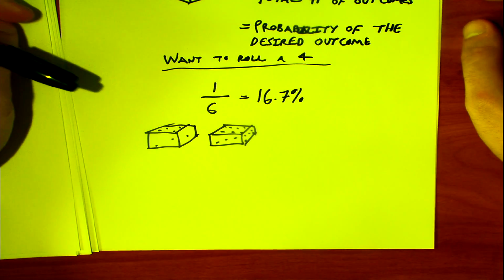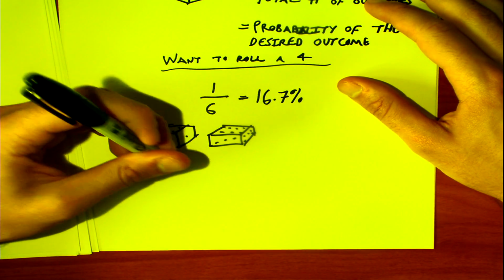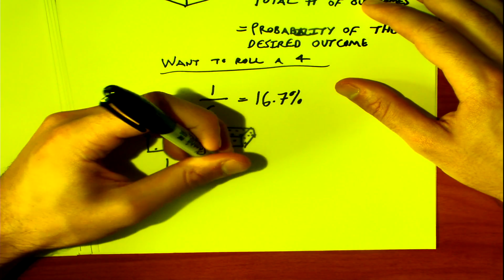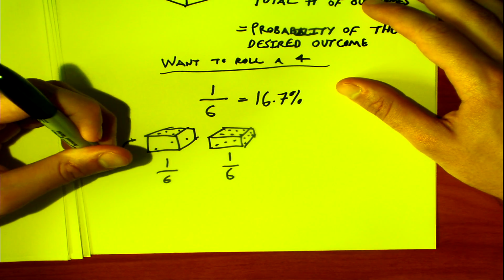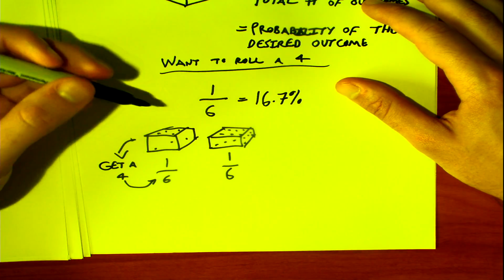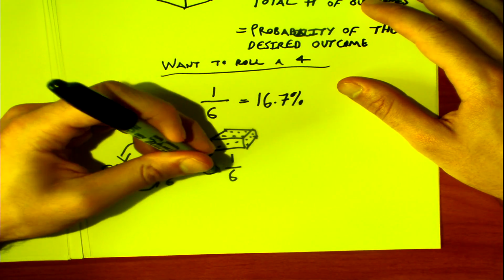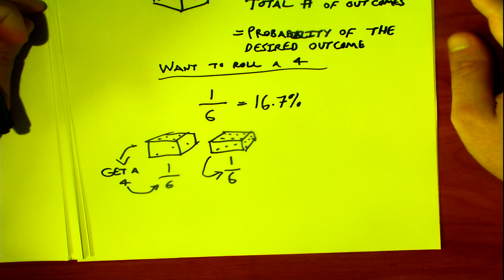Now each one of them, if I want to get a 4 on each of them, it's the same probability, right? The probability is 1/6, and that's true for either of them.